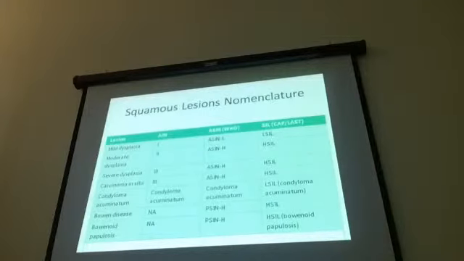And then the next group took that a step further and said, well, we really can't tell these two apart reproducibly, so let's just have two groups: anal squamous intraepithelial lesion low grade and anal squamous intraepithelial lesion high grade.